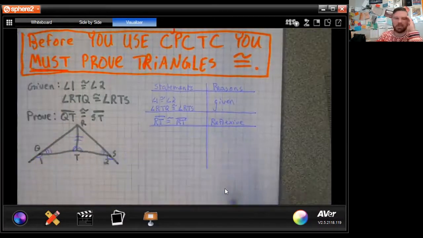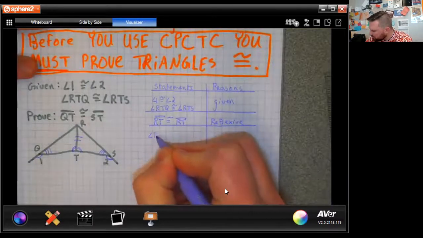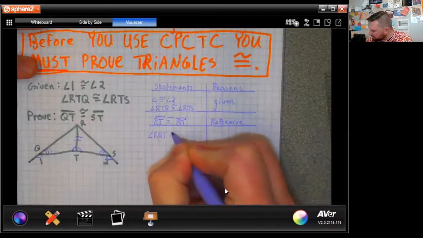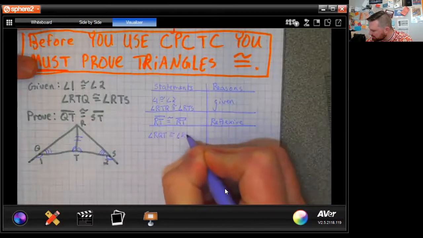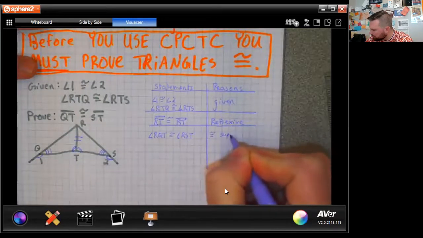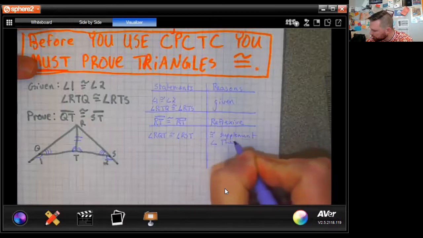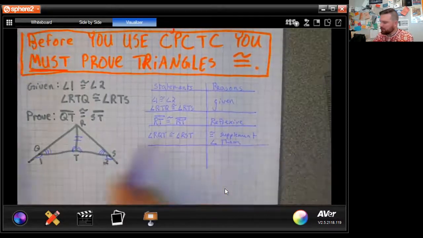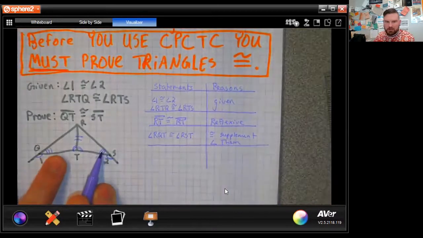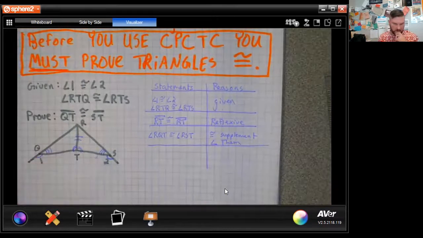We talked about that in another proof, and that is the congruent supplement angle theorem. So angle RQT is congruent to angle RST. That was the congruent supplement angle theorem. Again, that says if you have two angles supplementary to a congruent angle, then those other two angles are also congruent.